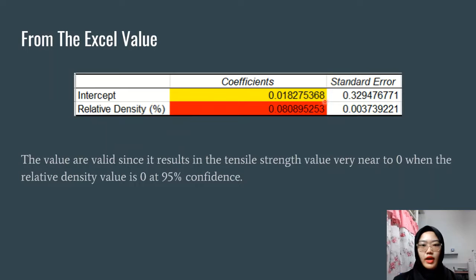So from the Excel value, this is the intercept value, and the standard error is 32.95%, and this is the gradient value, and the standard error is 0.374%. The values are valid since it results in a tensile strength value very near to 0 when the relative density value is 0 at 95% confidence.